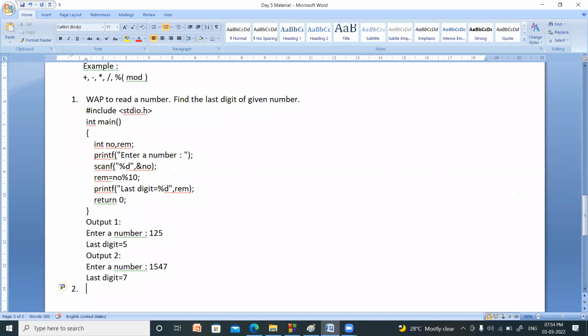This is my second program, which I am going to give as a homework program. Write a program to read a number and find the last 2 digits of the given number.